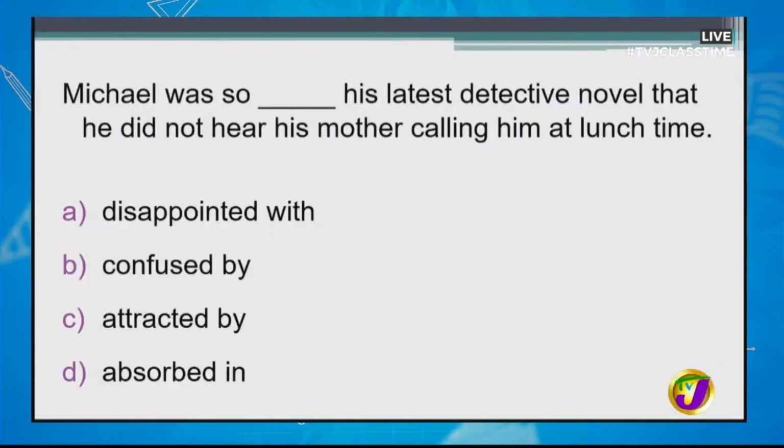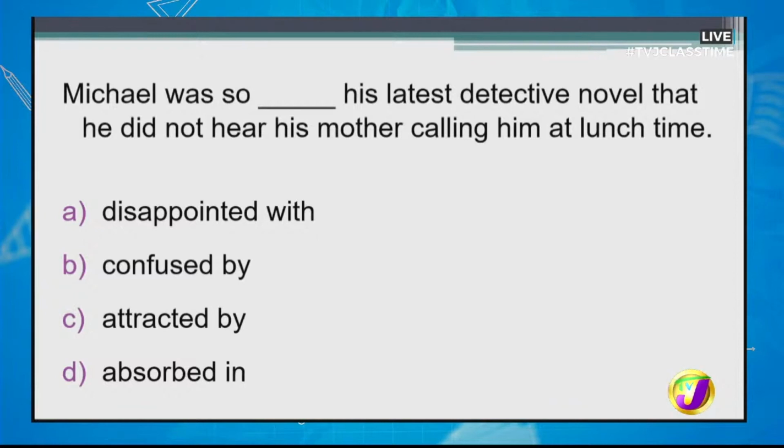Michael was so blank his latest detective novel that he did not hear his mother calling him at lunchtime. So, what was going on with Michael and his detective novel that he didn't hear his mother calling him at lunchtime of all times? So, was he so disappointed with it, or confused by it, or attracted by it, or absorbed in it?